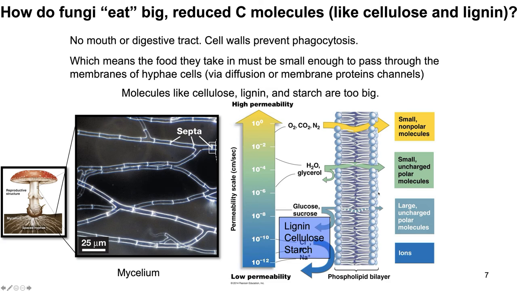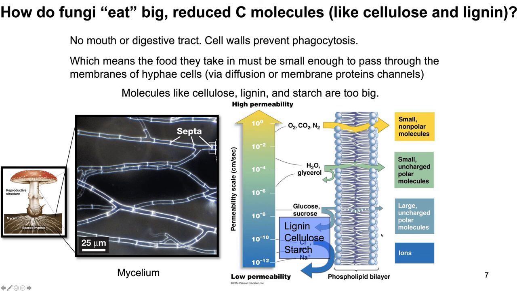And if you think about things like lignin, cellulose, starch, those extremely large molecules that we talked about in the previous slide, those things are going to be down here. It's very difficult for them to move across a cell membrane because they're so large, and also they can be polarized as well.